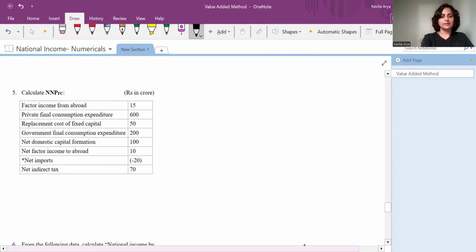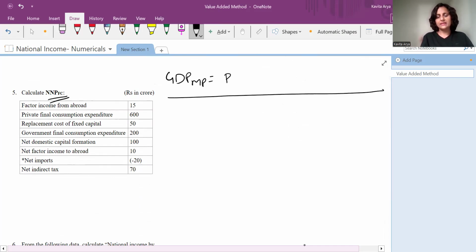Moving ahead, we have NNP in the demand now. So let's check it out with our own traditional GDPMP. This is the basic statement of the expenditure method. GDPMP gives us private final consumption expenditure, government final consumption expenditure, gross domestic capital formation, and net exports.